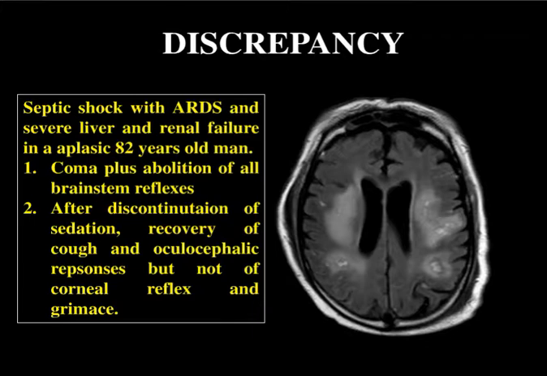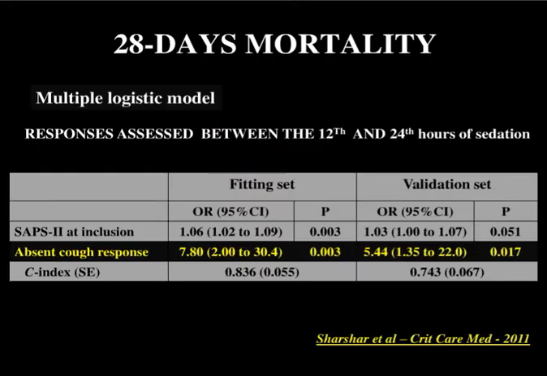So a discrepancy between the recovery of the cough reflex and the persistent abolition of grimace. We did an MRI, and this is what we found: lesions of the brain. And what we also found is that the absence of cough reflex within 12 to 24 hours of sedation was a predictor of mortality, even when adjusted to SAPS-2.